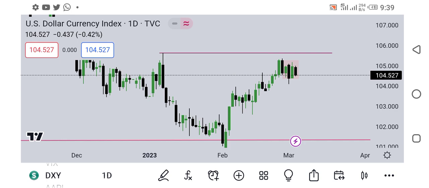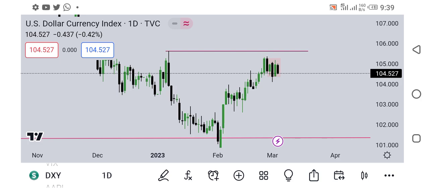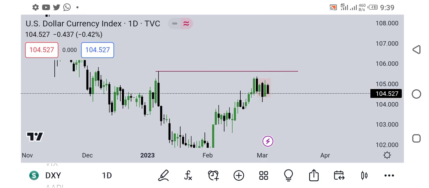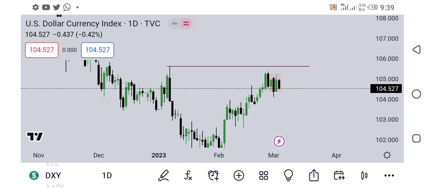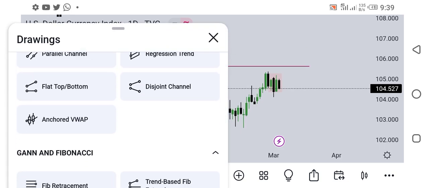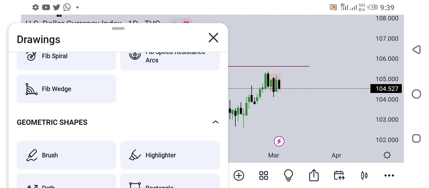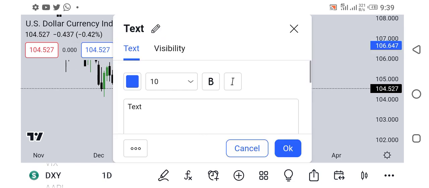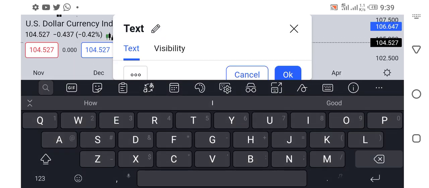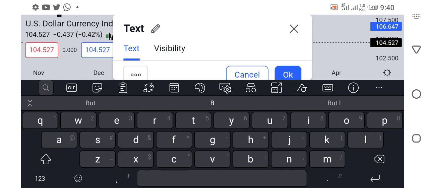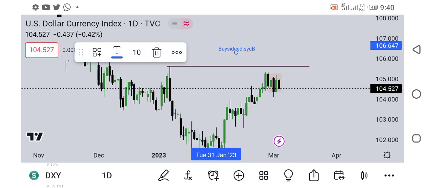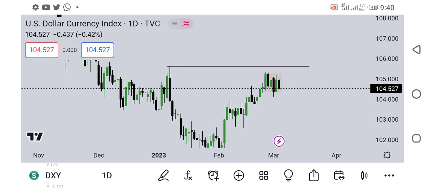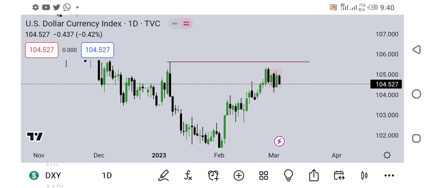So what I marked in this portion, that's buy side liquidity. Okay, that's buy side liquidity anyway.